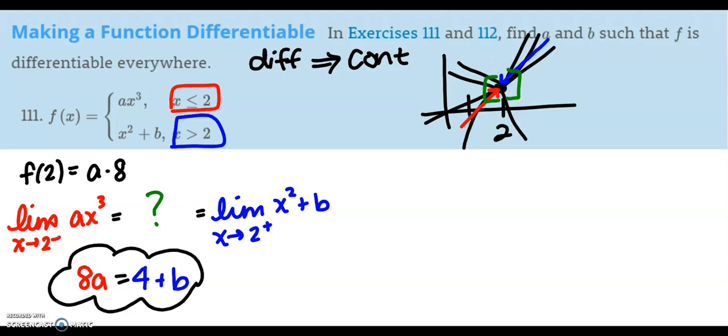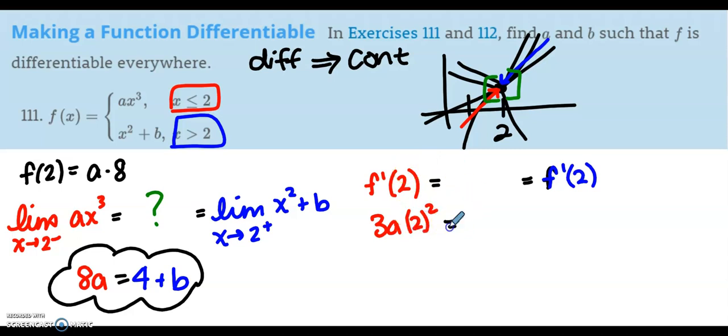Well, how do we find slope? Hopefully you're saying derivative. So I want to find f prime of 2 from the left, and I want to check to see, is that equal to f prime of 2 from the right? Well, f prime of 2 from the left is going to be 3a times 2 squared, because I can plug in 2.